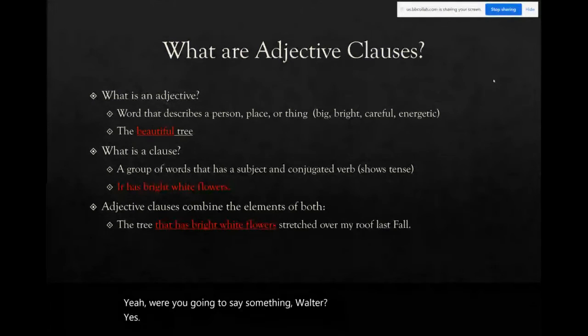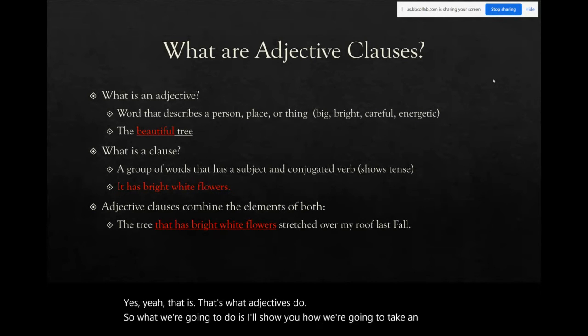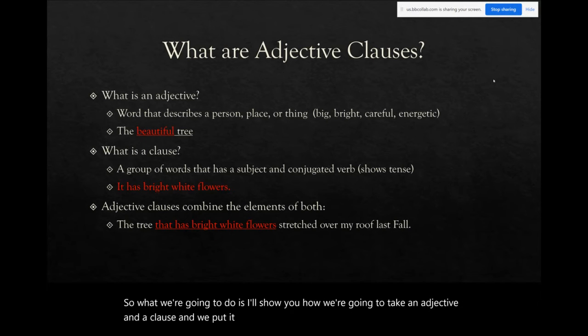Yes, that's what adjectives do. So what we're going to do is I'll show you how we take an adjective and a clause and put them together to make an adjective clause that has the characteristics of adjectives and clauses both.